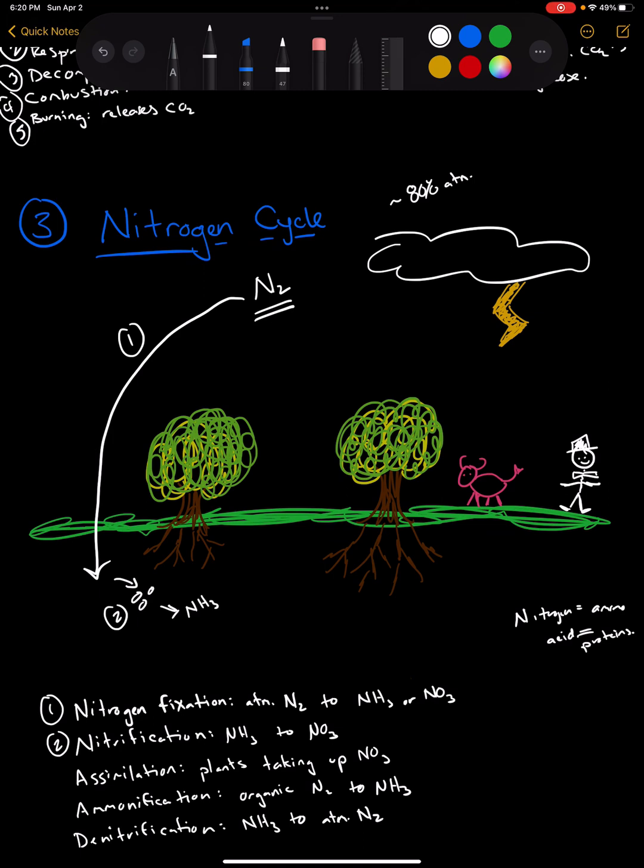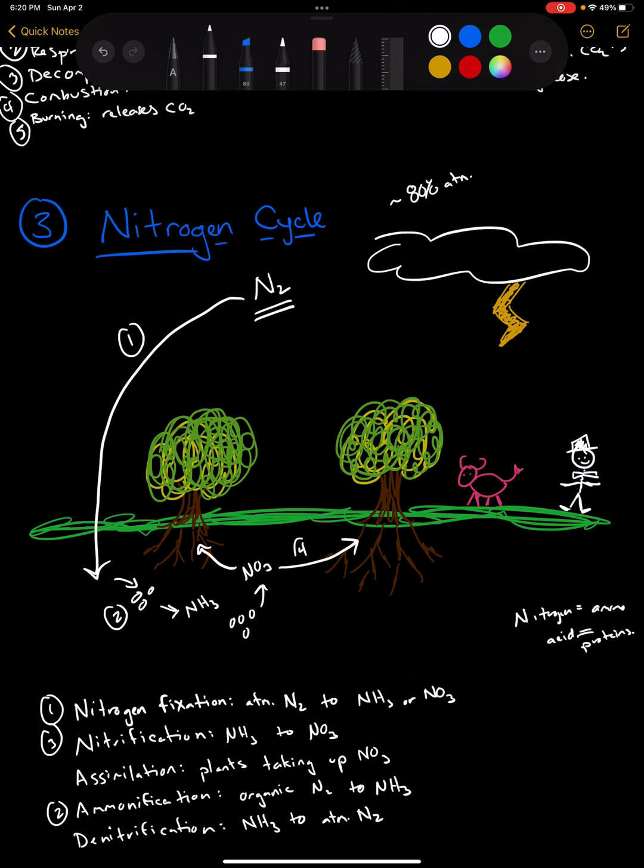And then when those bacteria turn it into ammonia, I have another set of bacteria that can turn it into nitrates. And so by fixing it, my plants can take it up. When my bacteria do that, my plants are going to be able to take up these nitrates. That's called assimilation.